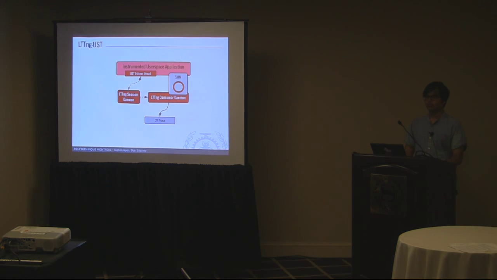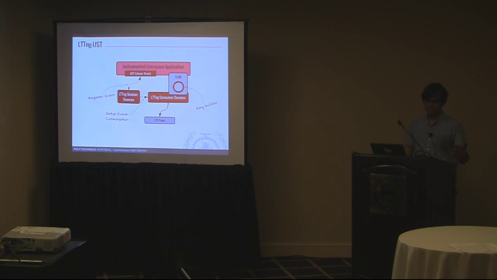Those of you who are not aware of LTTng, it's just a small part of LTTng which I'm showing, which is more relevant. This is LTTng UST, the user space tracer. You have an instrumented application, and whenever you set a new event, you can manage it with two basic parts of LTTng, the session daemon and the consumer daemon.